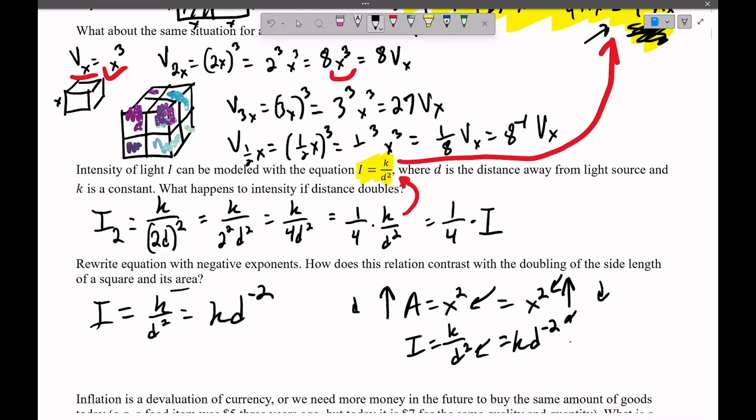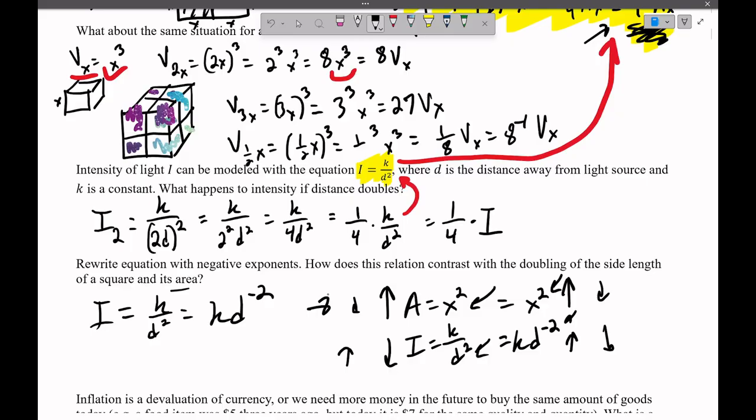Whereas the intensity of the equation, right? When I increased d, I doubled the distance, I actually decreased I. And vice versa. If I were to decrease d, I would increase I. So this is the situation here. In this first case, we have what's called a direct relationship. If you increase the side length, you increase the area. If you decrease the side length, you decrease the area.